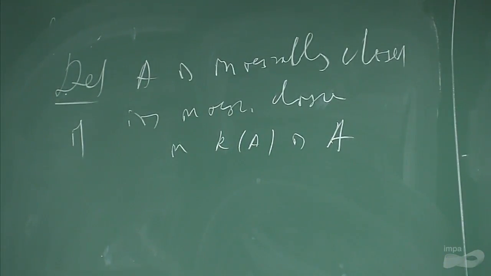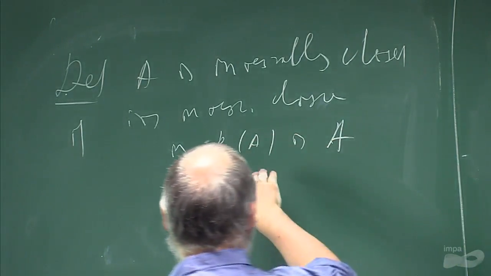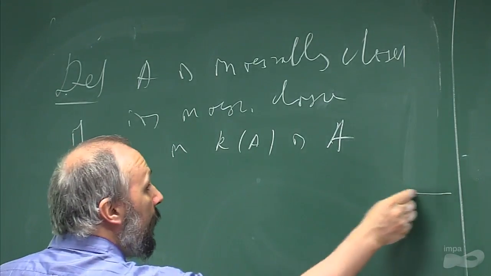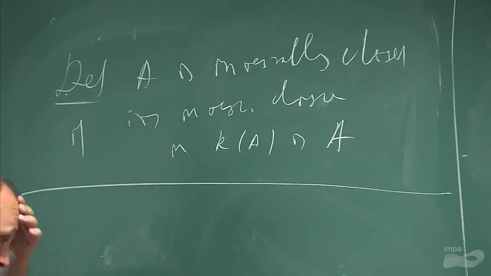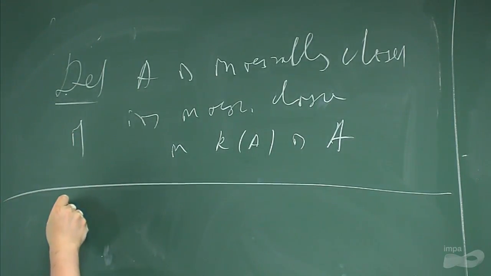So this means that if you have a monic polynomial which has roots in the field of fractions, these roots actually belong to A. And this is an algebraic notion. It has a geometric counterpart.